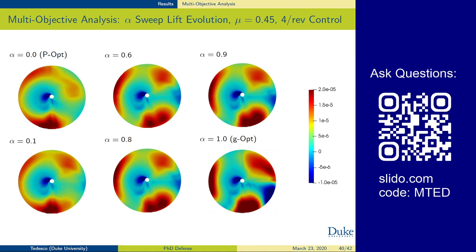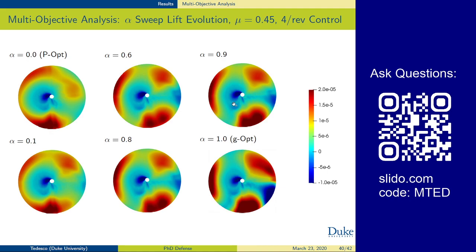Finally, we can kind of see what this is looking like from a lift perspective. So I've given here the lift coefficients for the 0.45 case. We're using 4 per rev control, 6 different ways. We have our p-opt up here, which we've seen before, our g-opt, and then in between different alphas. And the big thing that you notice is once we hit an alpha of 0.6, and even in some ways 0.1, the shape of the lift is not changing significantly until we hit exactly 1.